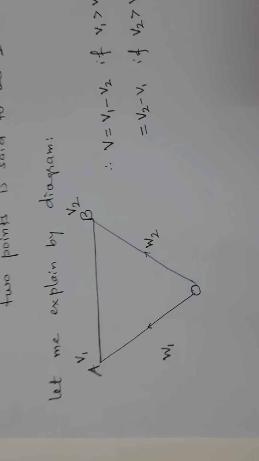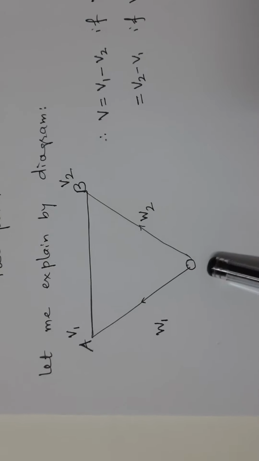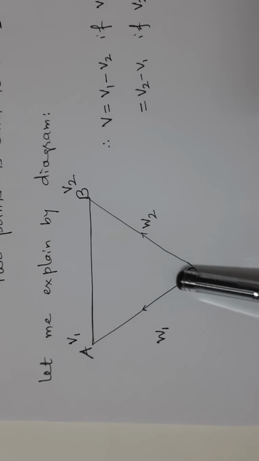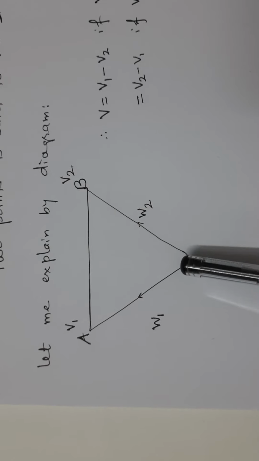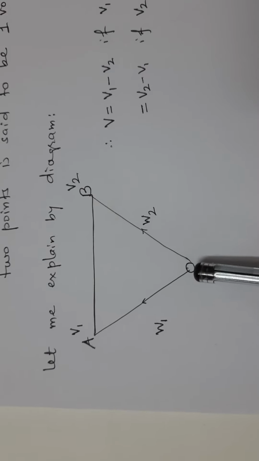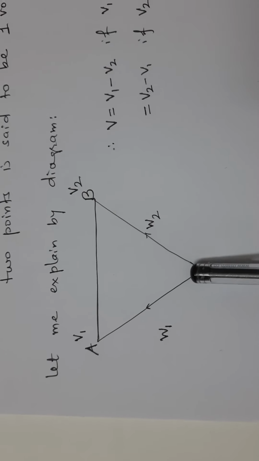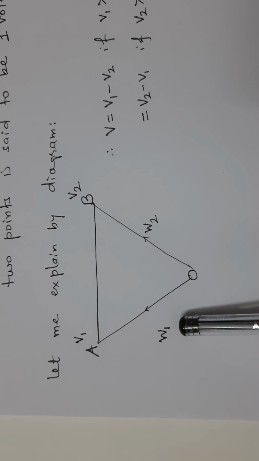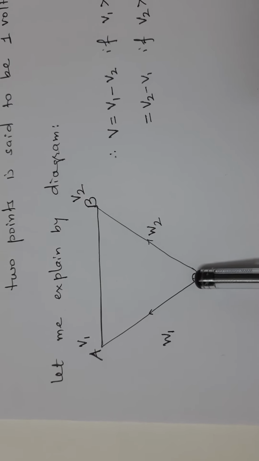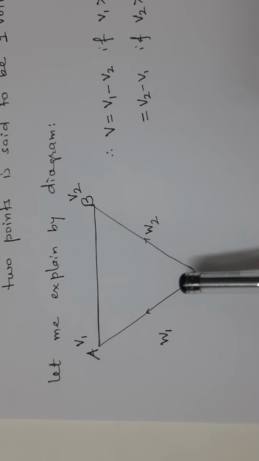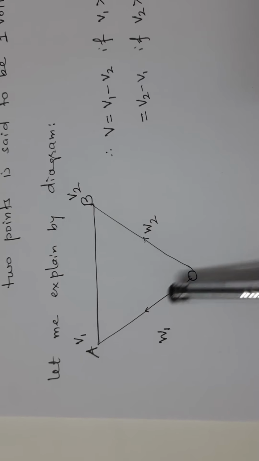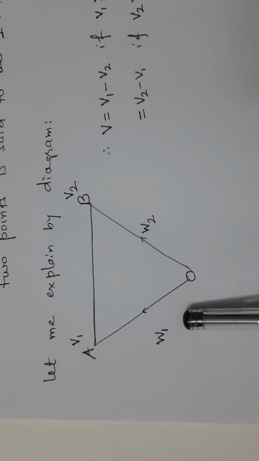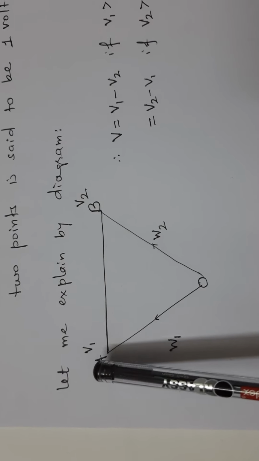For example, here I have drawn this. This is a charge that is lying at infinity. The amount of work done in bringing this charge from infinity to point A is W1. That's why the electric potential at point A is V1.